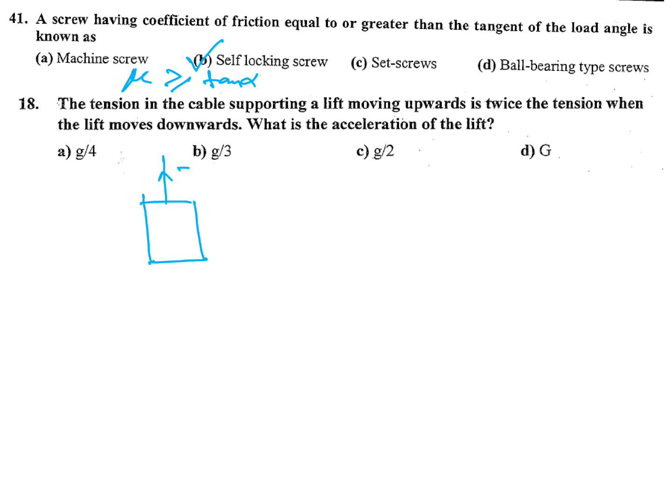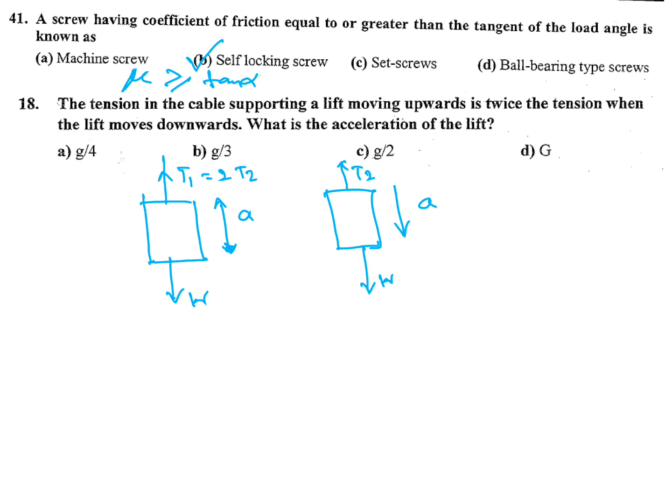Tension T1 is 2 times T2, when moving upward, W, tension is T2, and given 2T2 equal to T1 moving downward.